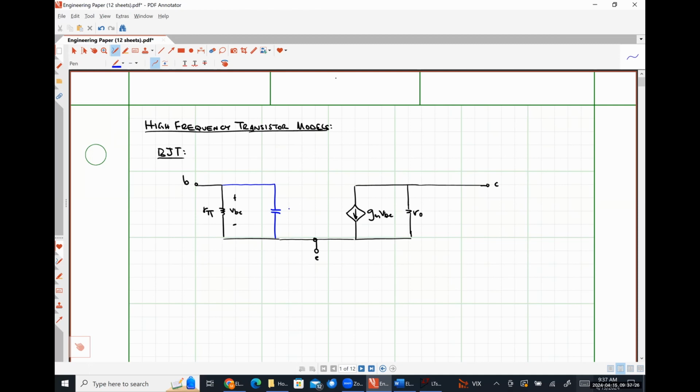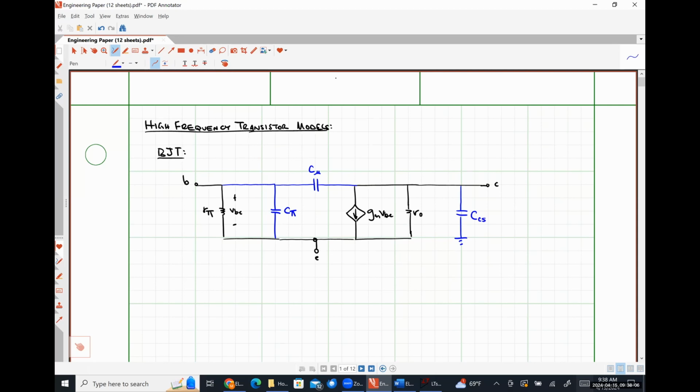We're going to call this capacitance C pi. I'm going to add a capacitance between the base and the collector, which we are going to call C mu. And lastly, we are going to add a capacitance between the collector and explicitly ground, which I'm going to call CS.